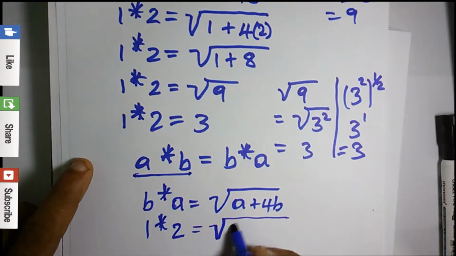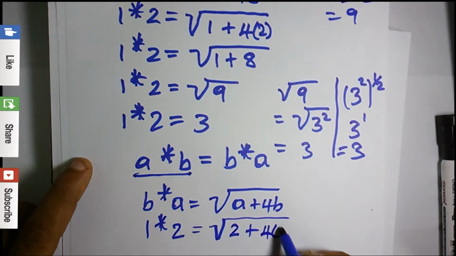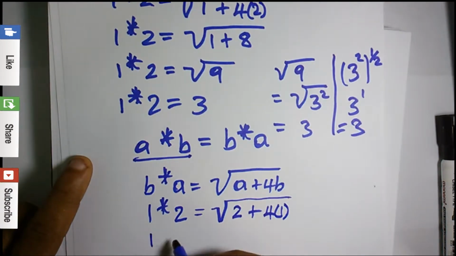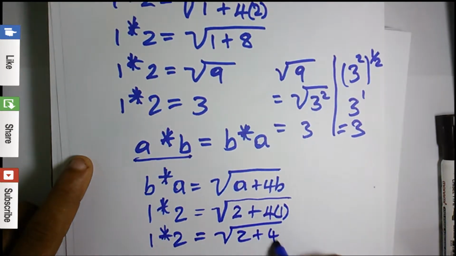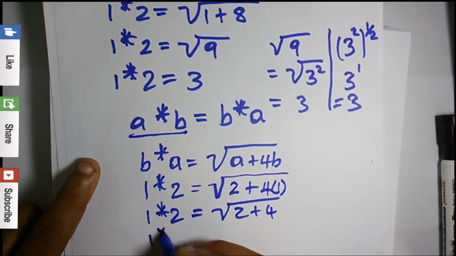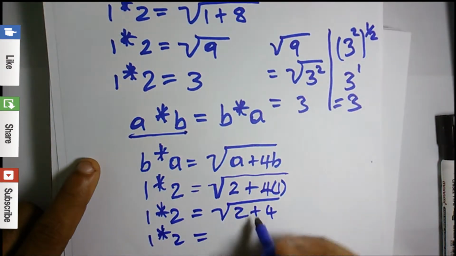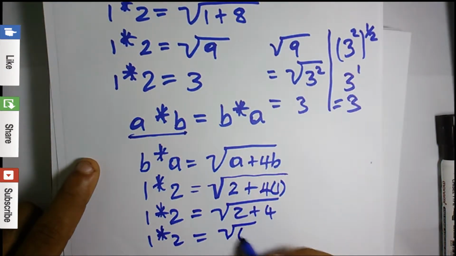The value for a now is 2, plus the value for b is now 1. So we're going to have 4 times 1. So it is equal to the square root of 2 plus 4, so the square root of 6.